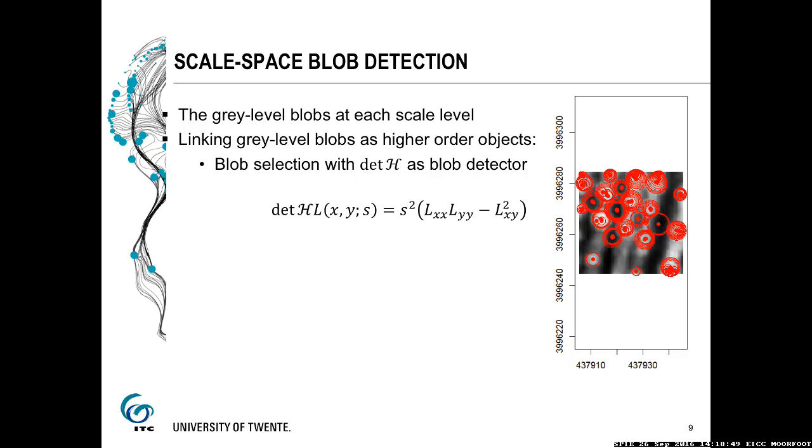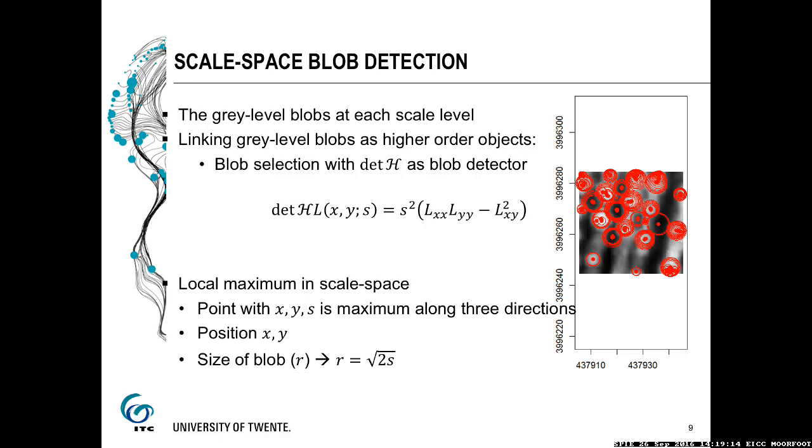So for linking those gray level blobs to bring the higher order object as an individual tree, there are several blob detectors. We use the determinant of the Hessian for the scale space representation.